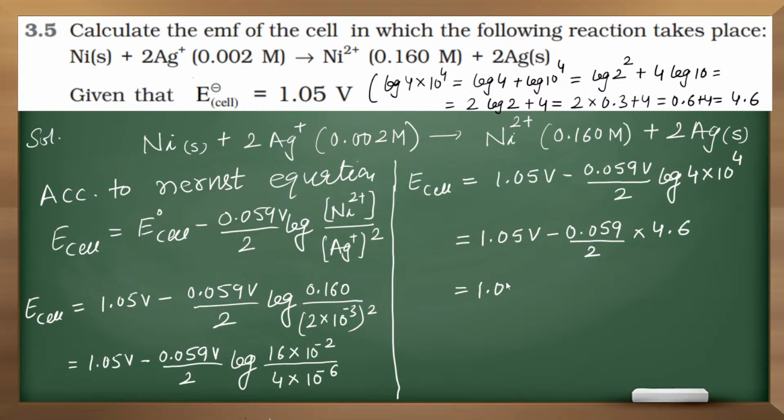So it is 1.05 volt minus 0.059 volt into 2.3. So just multiply 2.3 into 0.059. So it is 0.1357. 1.05 volt minus 0.1357 volt.